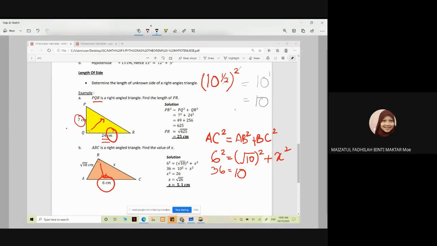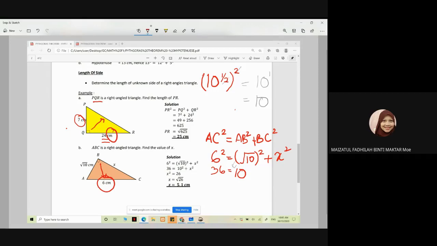Because of that, you will get 10 back. How do you know? You can use your calculator to type this one, but be careful. You must use the correct method by using a bracket to find the value.